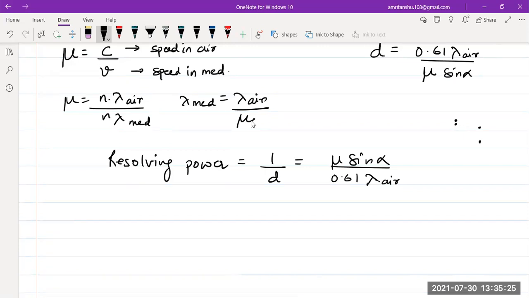But let's say these 2 points are quite farther and the microscope is resolving them, then it's not a very good microscope. So I hope this formula is clear. This is the formula for the resolving power of a microscope.